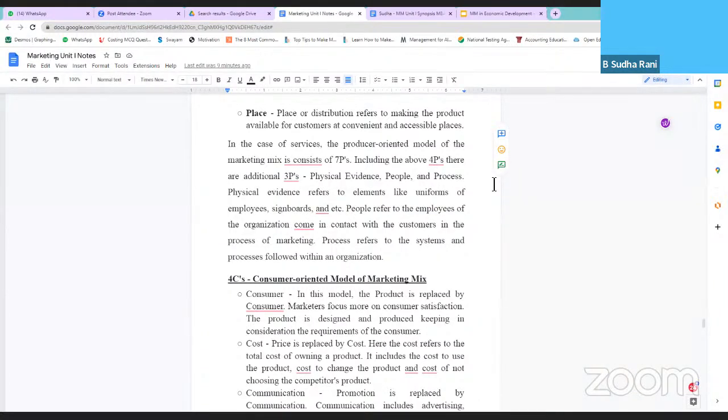whoever. These people have to be given proper training on how to handle the customer and how to convince the customer, make sure the customer is satisfied, paying attention to the customer. When you give due training to these people, you automatically add one more element in reaching your objective.